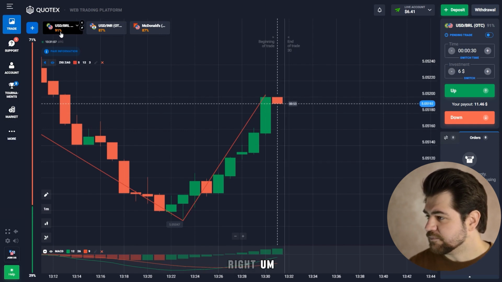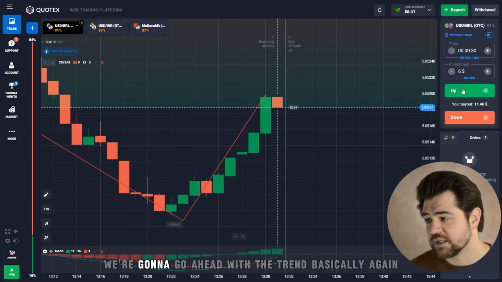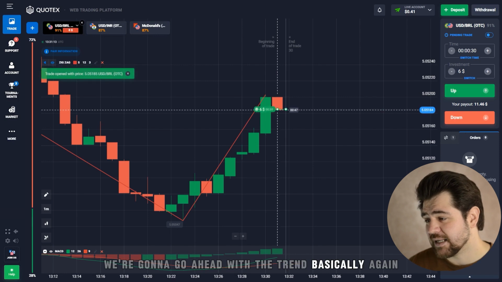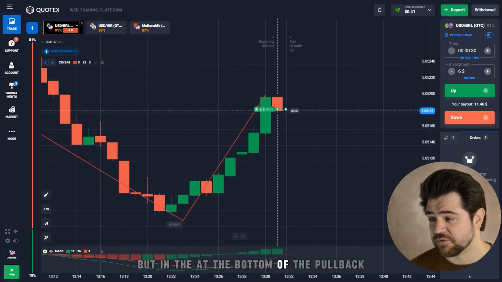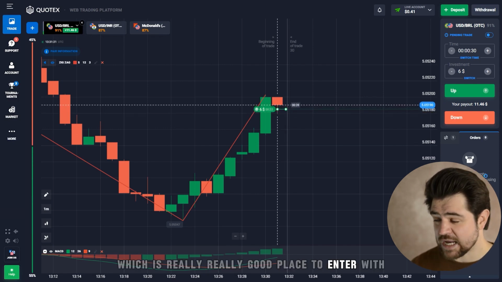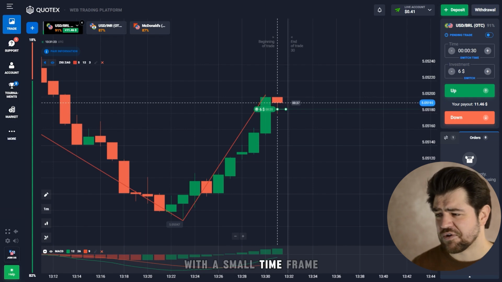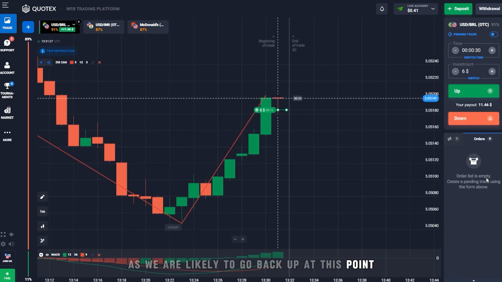Right, what do we have here? We're gonna go ahead with the trend basically. Again, this is a pullback. We're entering at the bottom of the pullback, which is a really good place to enter with this small time frame, as we are likely to go back up at this point.